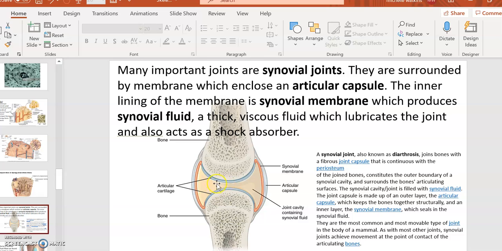And synovial fluid has similar properties. That helps it to be a shock absorber. I think that's everything. So synovial membrane secretes the fluid. There's synovial fluid inside the joint capsule, or the articular capsule. And I think that's all you need to know.